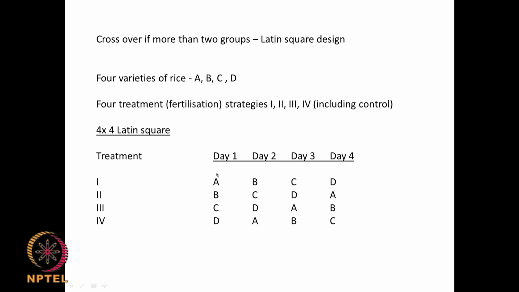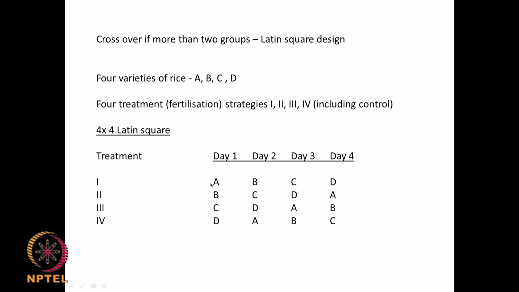So, the treatment 1 is given to rice variety A on day 1, on day 2 treatment 1 is given to rice variety B, and on day 3 you give the treatment 1 to rice variety C, and on day 4 you give the treatment 1 to rice variety D.